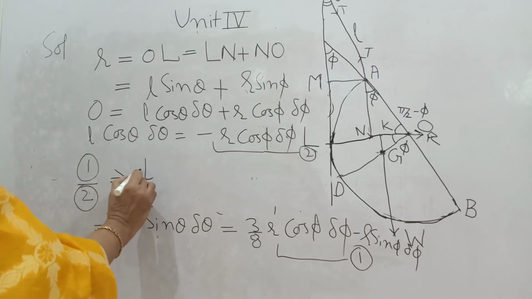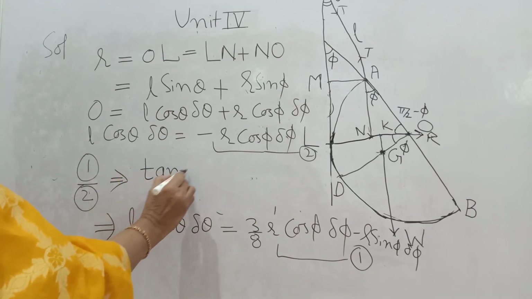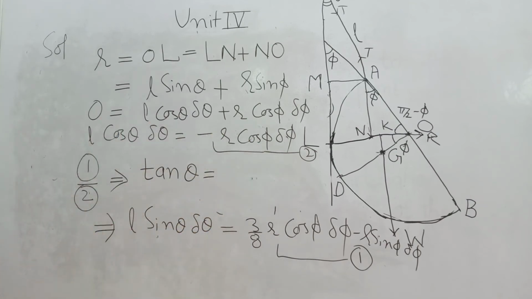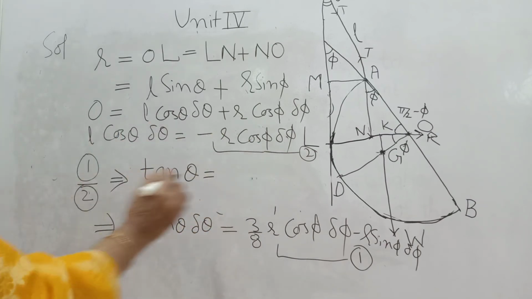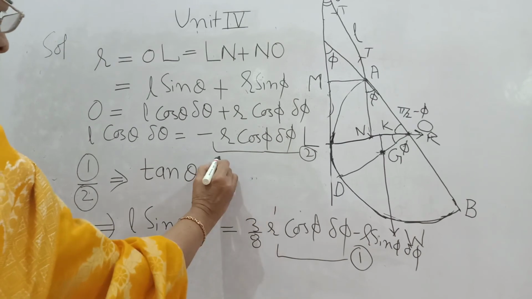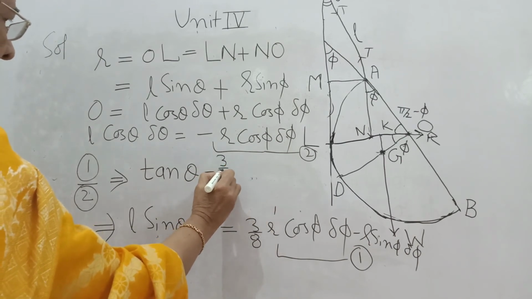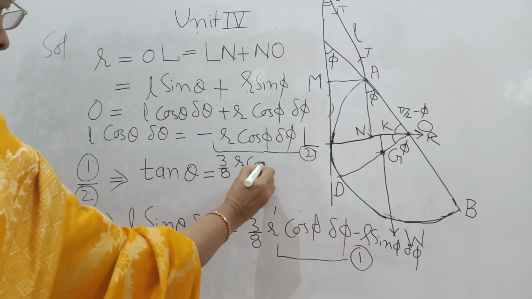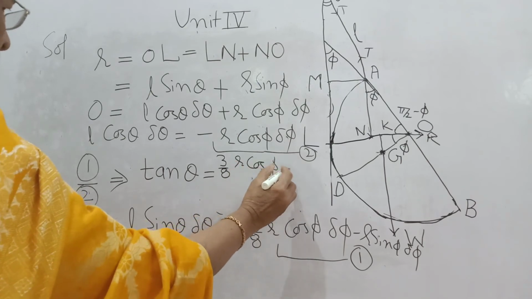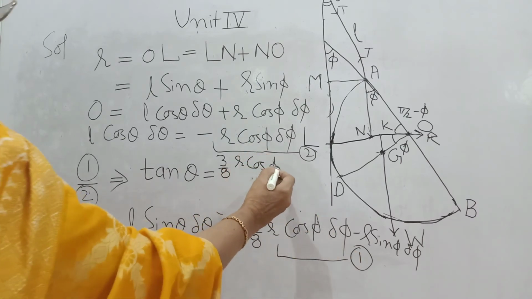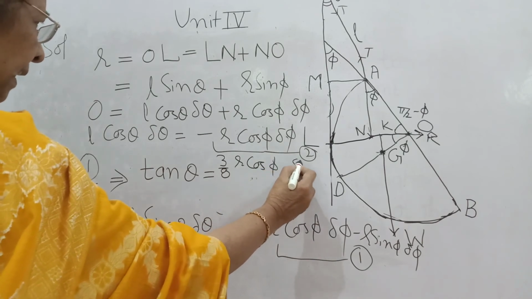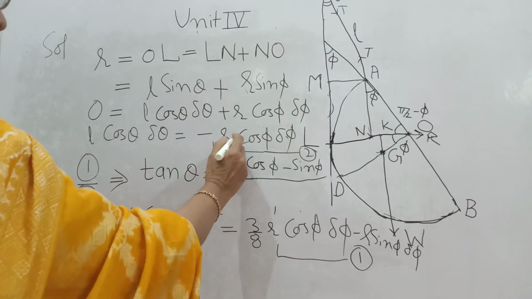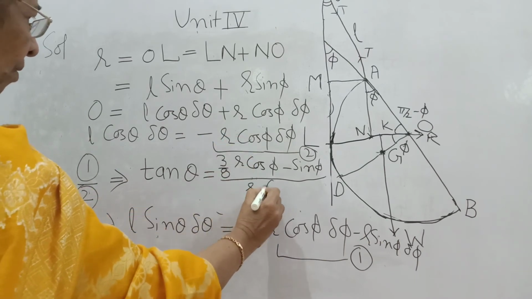So you will be getting tan theta, and from the right hand side you will be getting 3 by 8 R cos phi, of course R also cancels later on, minus sin phi divided by R cos phi.